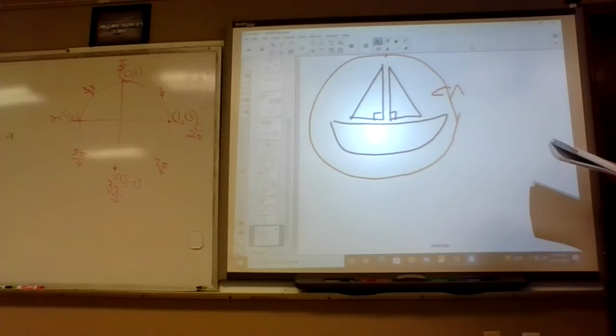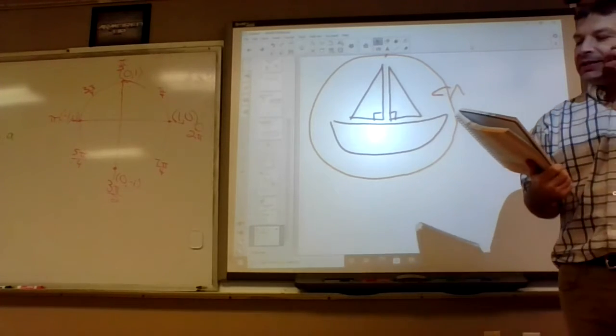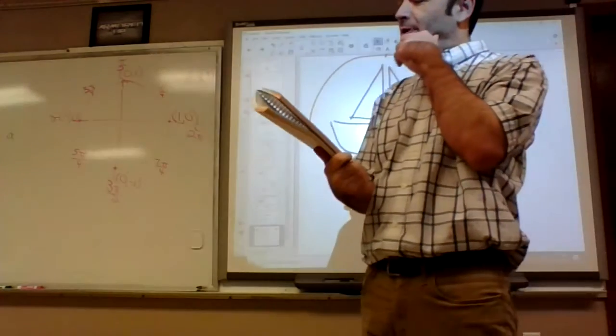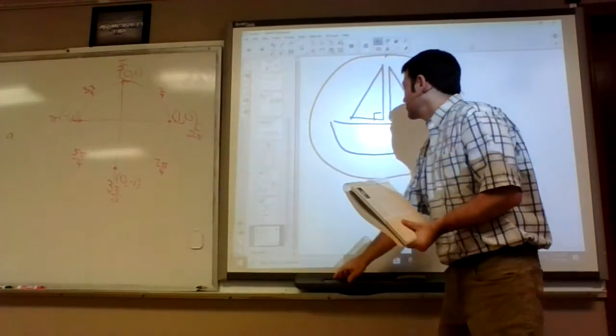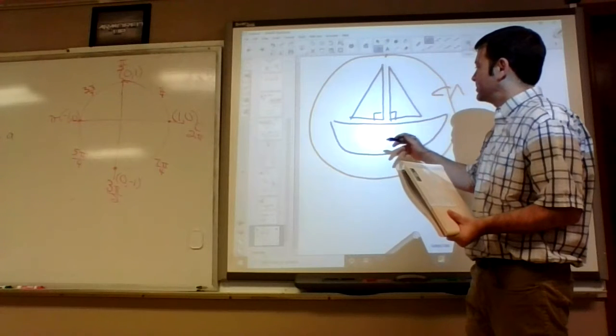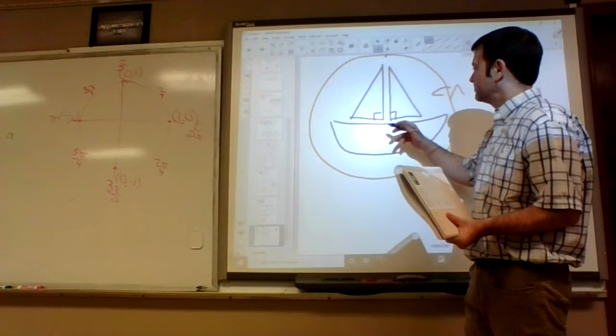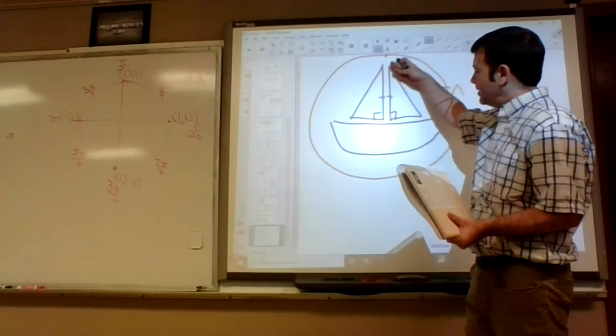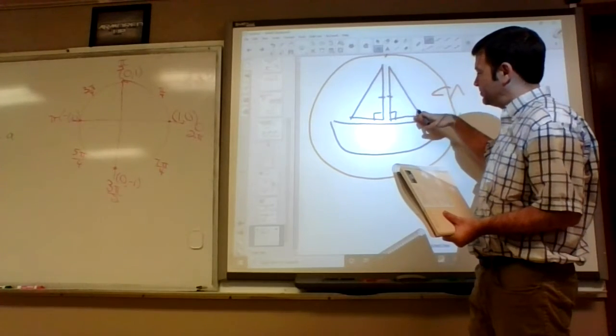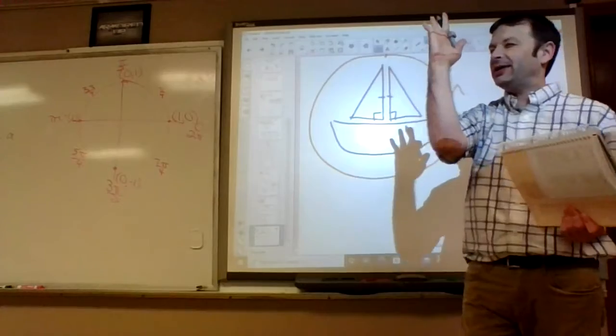17 says, if you know the height of each sail is the same. Okay, so what should I mark the same then? The height would be, if you have a line that's perpendicular to the ground, that's basically the height of the thing.